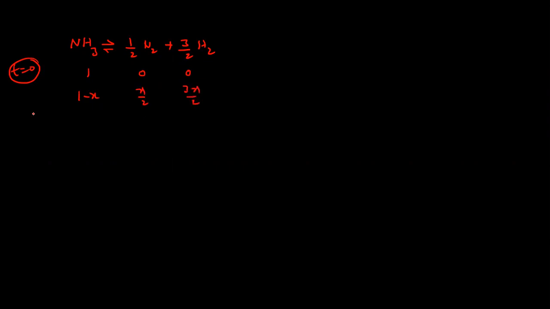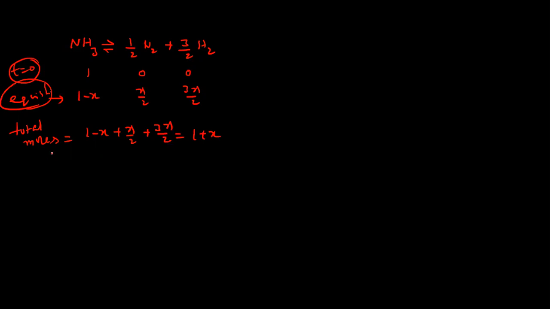And the point is very clear: what is the total number of moles at equilibrium? See, these values we are finding at equilibrium only. And total moles is 1 minus x plus x by 2 plus 3x by 2. This total will be 1 plus x.